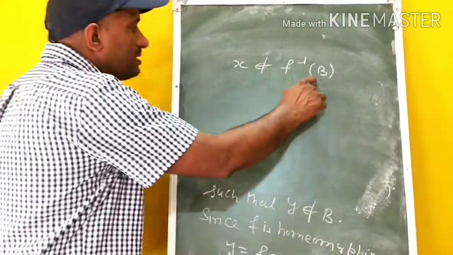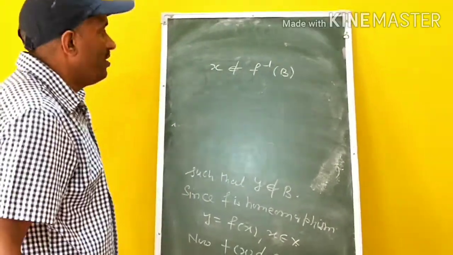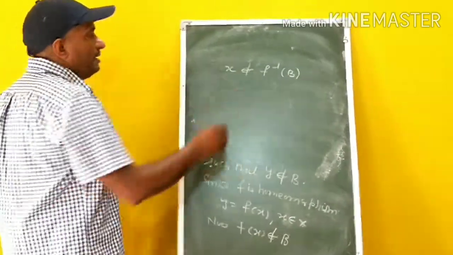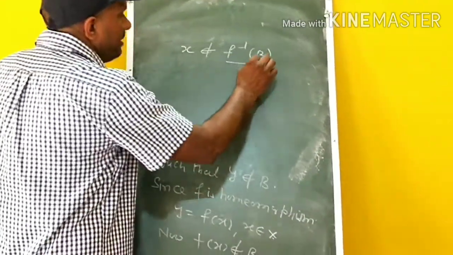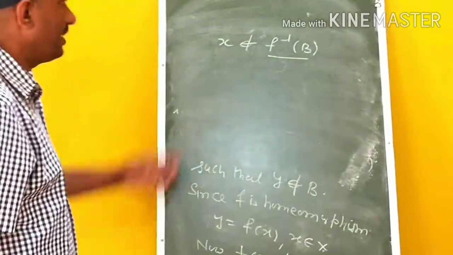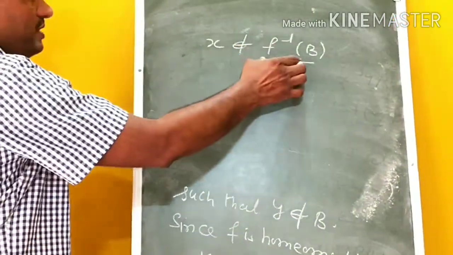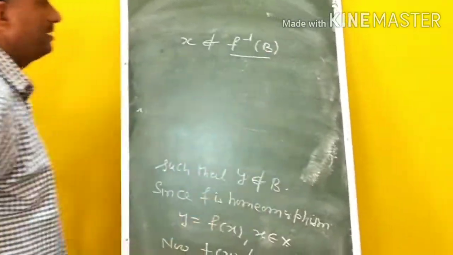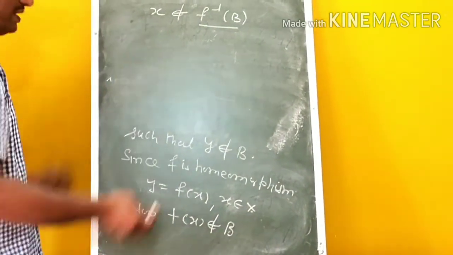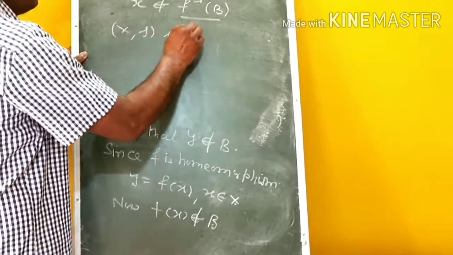Now B is a closed set in Y and f is a homeomorphism. Inverse image of a closed set is closed, so f inverse(B) is closed in X, and x is also a point of X. X does not belong to f inverse(B), and we have given (X, T) is regular.